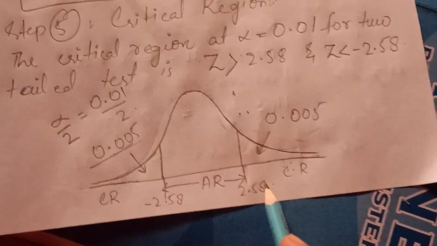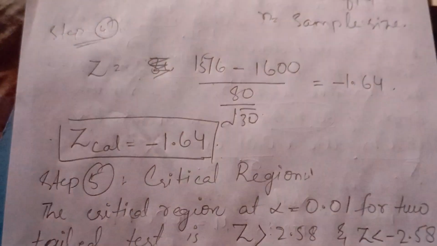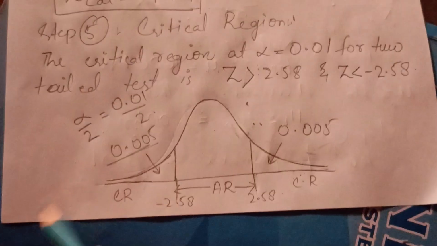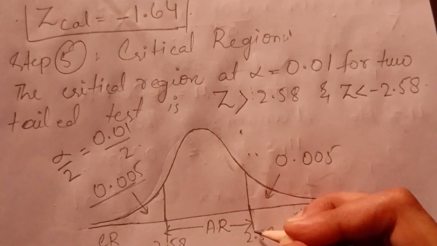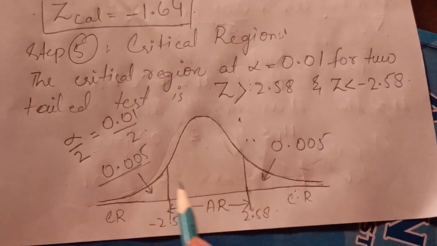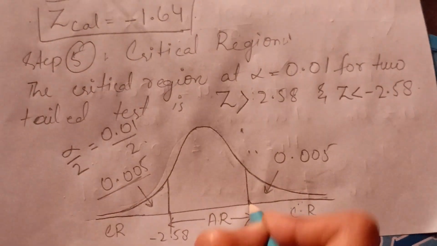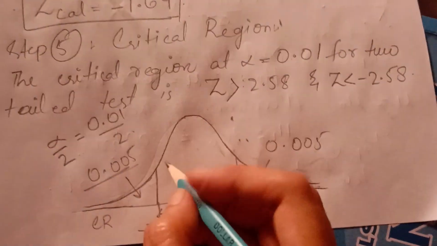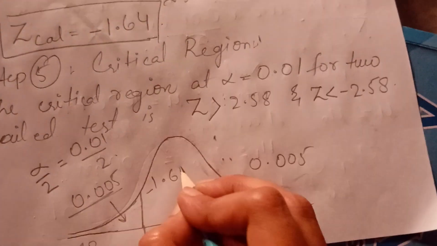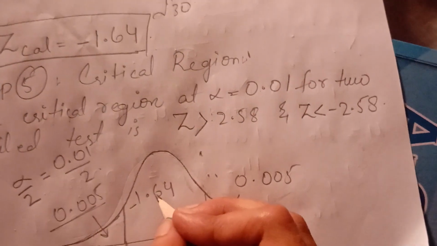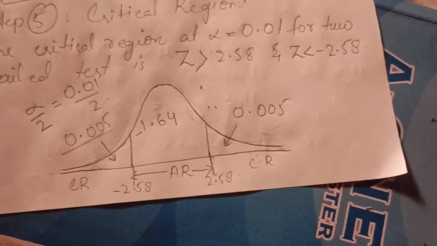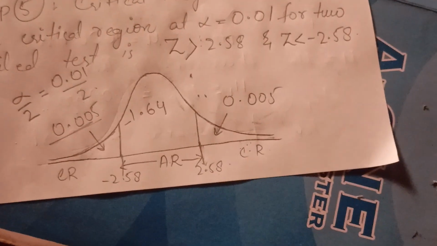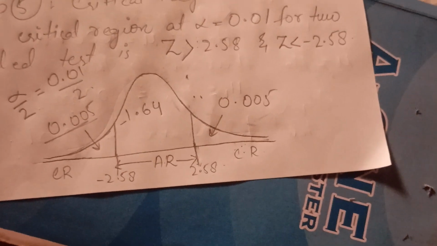What is the calculated value? Minus 1.64. In which region does this value fall? This is the acceptance region. So minus 1.64 falls in the acceptance region. Therefore we accept the H naught.